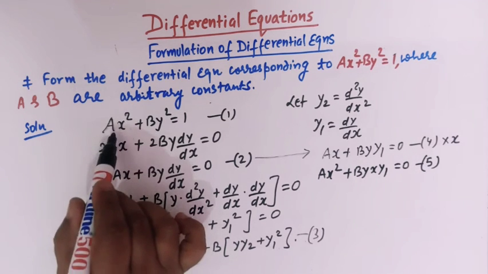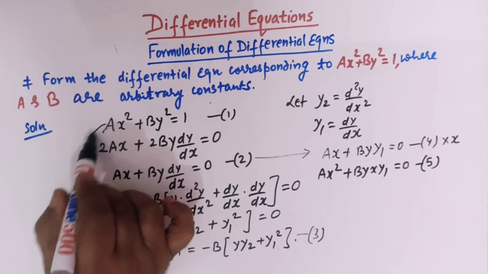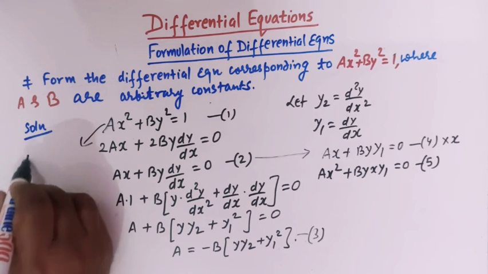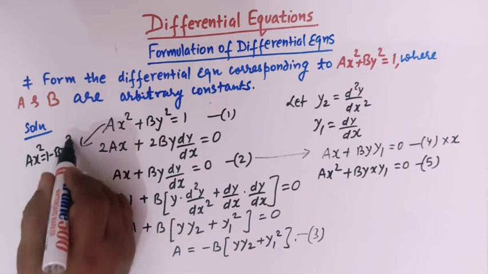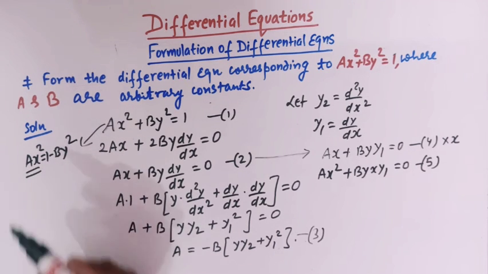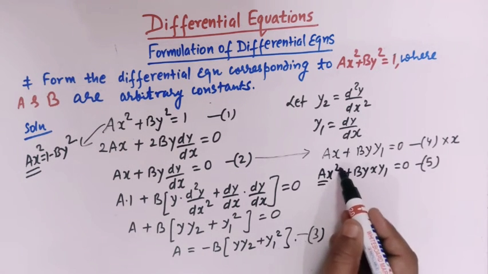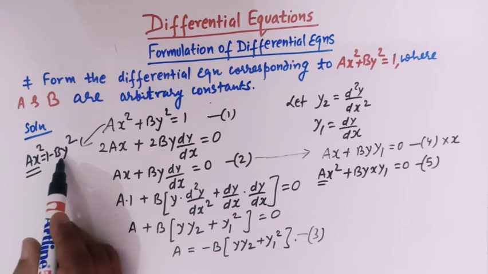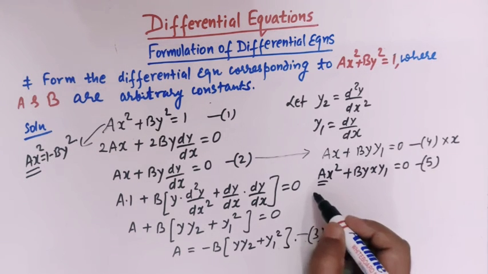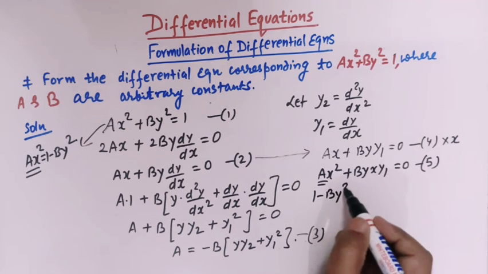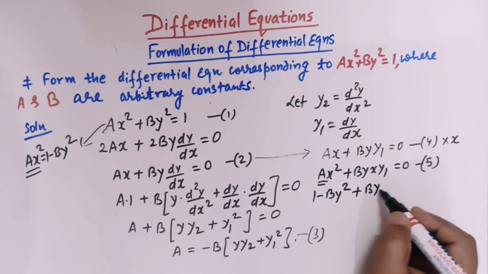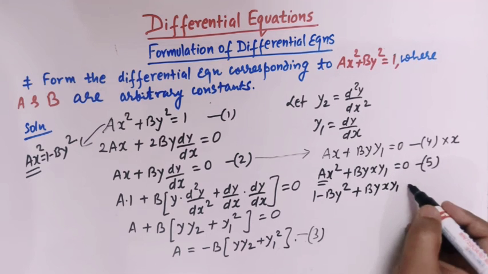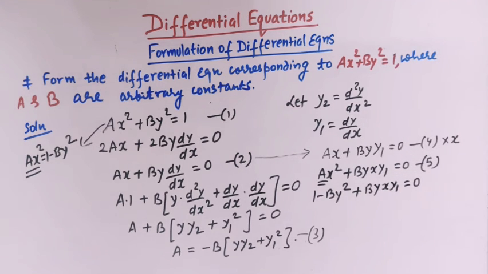Now the value of ax² from equation 1 can be written as 1 - by², and let us substitute this value of ax² as 1 - by². So we have 1 - by² + b x y y1 = 0, right?